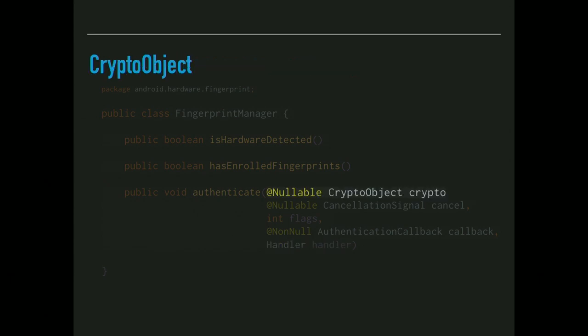So, the crypto object. This is really the core of why you would want to use the biometric authentication APIs, because you have some sort of cryptographic primitive based on either a secret key or a public-private key pair, and you want that to be secured unless the biometric authentication has succeeded, and then you can use it.